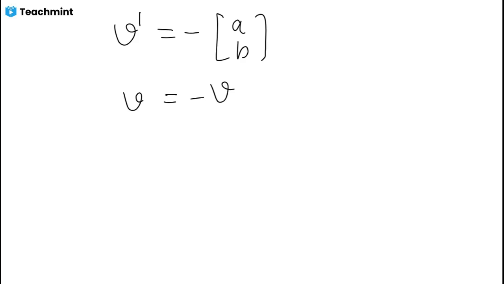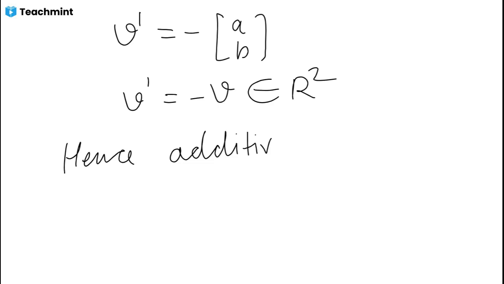So v dash is negative of v, and which also belongs to the given set R2. Hence, additive inverse exists in R2.